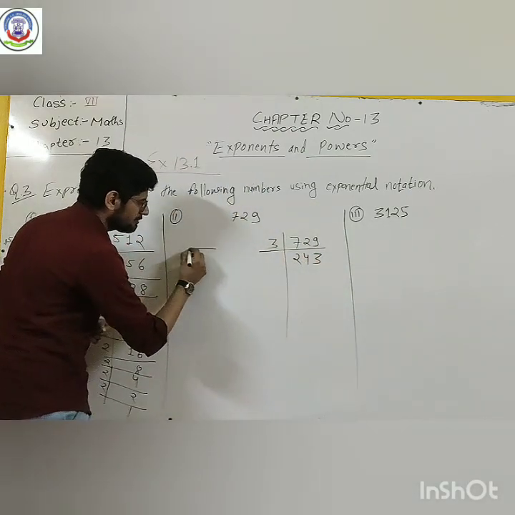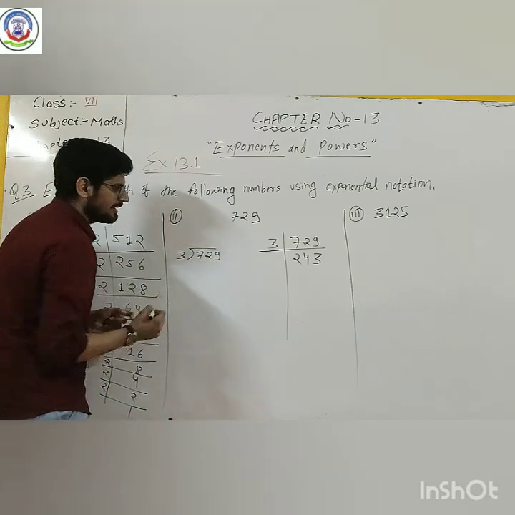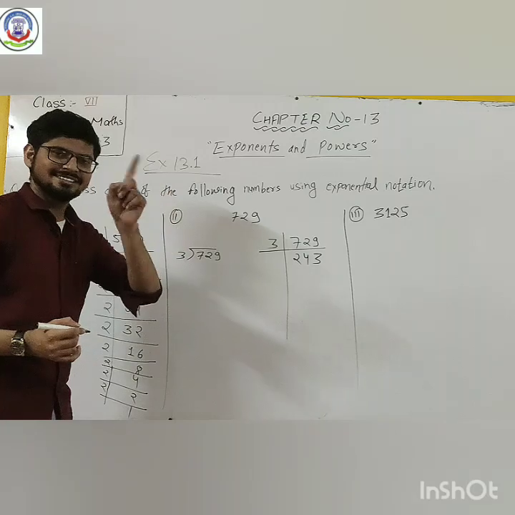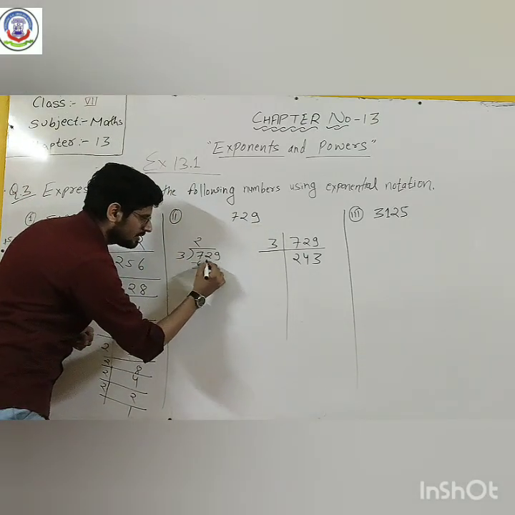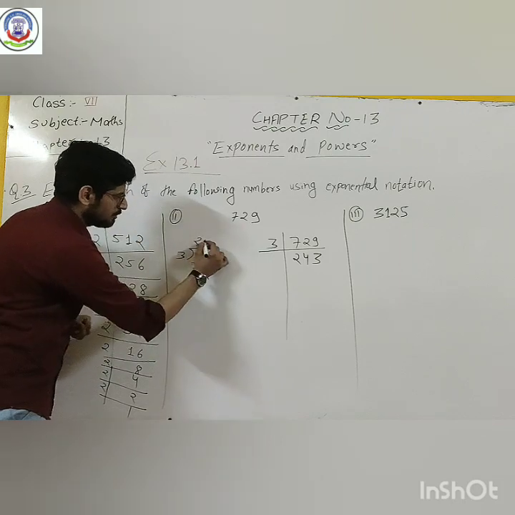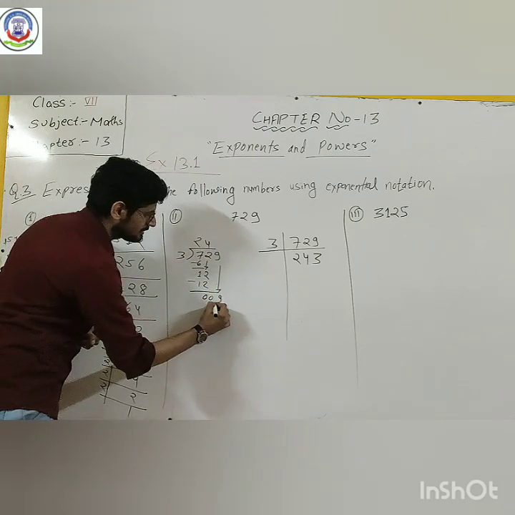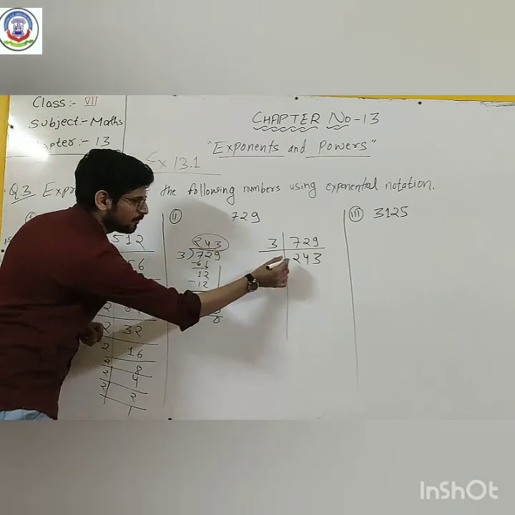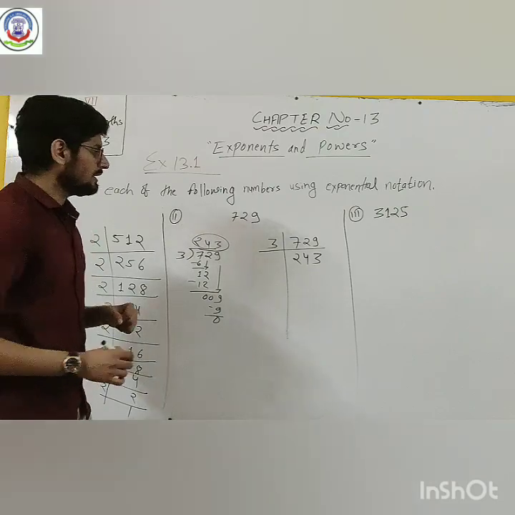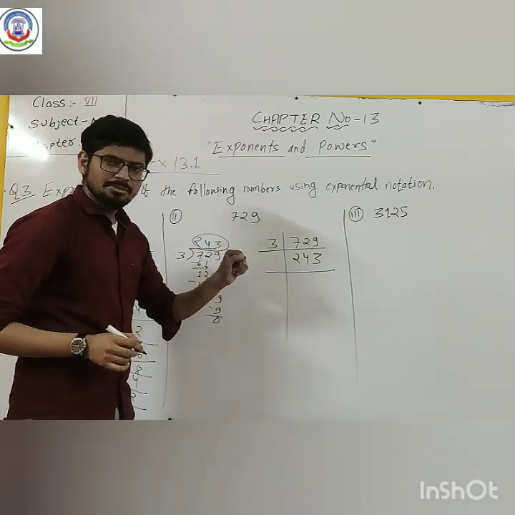Again, if you have difficulty solving this, you can directly divide 729 by 3. So 3 2s are 6, 1 and 2, 3 4s are 12, and 3 3s are 9. So you will get 243. Okay. Again, it is divisible by 3.